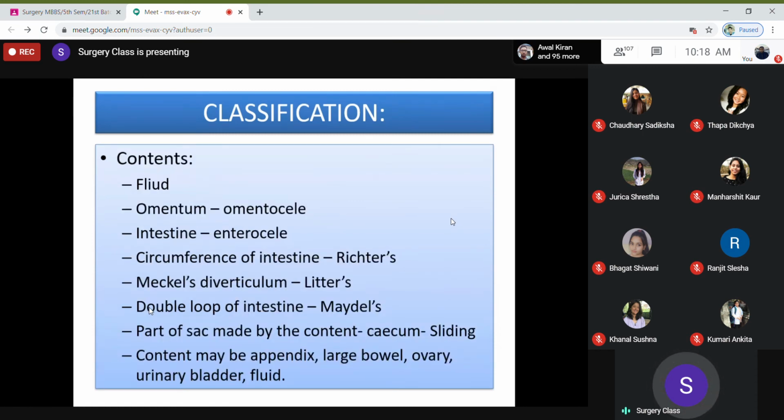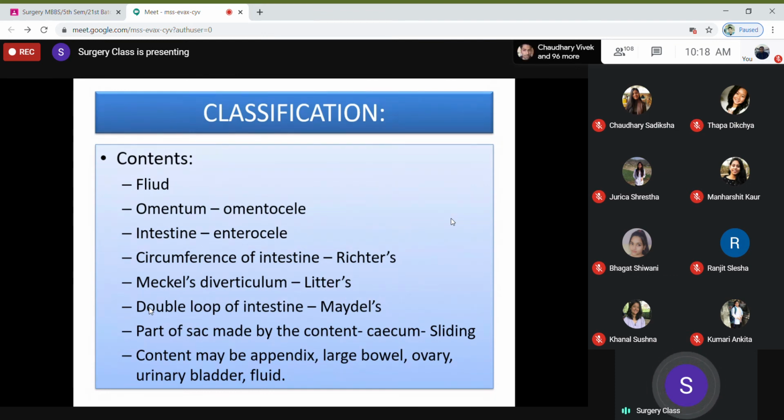Another classification depends upon the content inside the hernia, which is important. I'm talking about the external abdominal hernia. There might be peritoneal fluid. In the pediatric group, with congenital hernias, the patent processus vaginalis is supposed to close around birth. It is a continuation of the parietal peritoneum through the internal ring to the external ring, because the spermatic cord travels through the internal ring to the external ring.